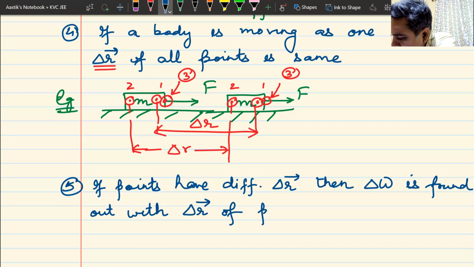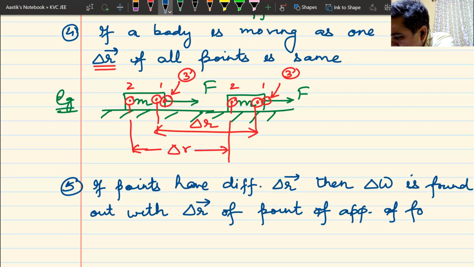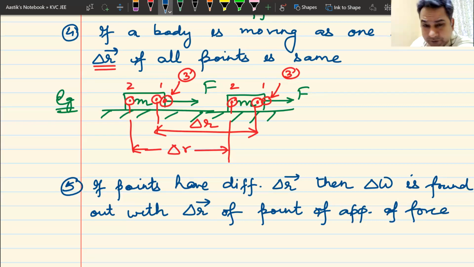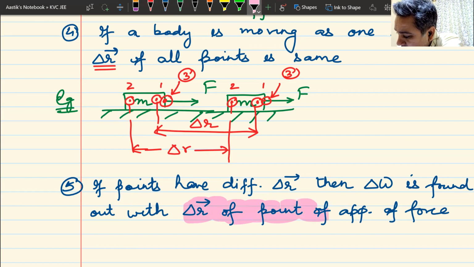The point of application of force. If different points on the body have different displacements, then you have to find the displacement of the point of application of force.